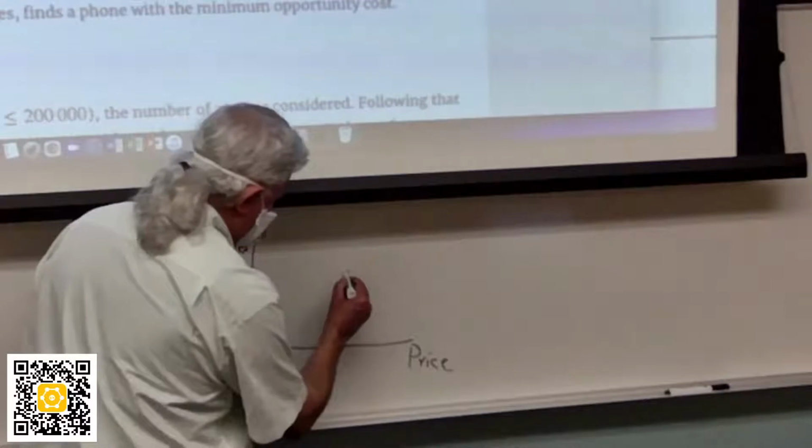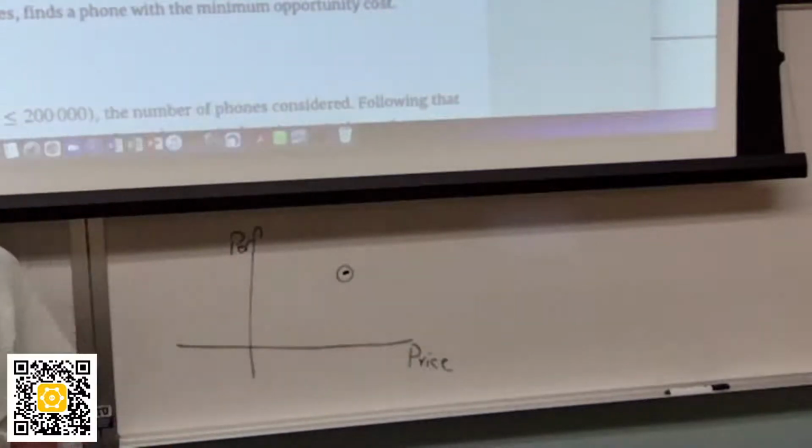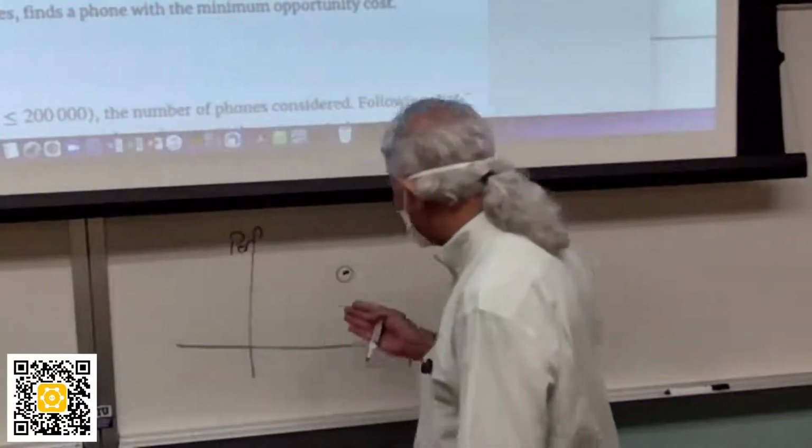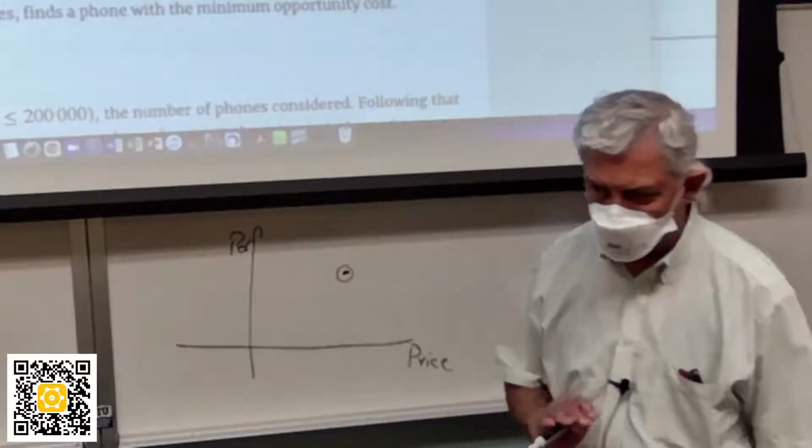Here is some phone, and you want to know what is the opportunity cost for all the other phones in the market. Or rather, actually, you want to know what's the opportunity cost of any phone in the market. So let's look at the opportunity cost of this phone in the market.